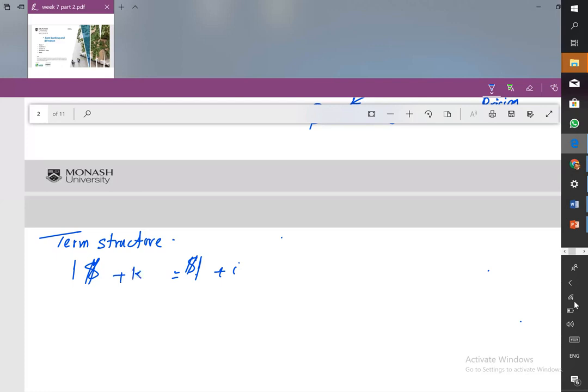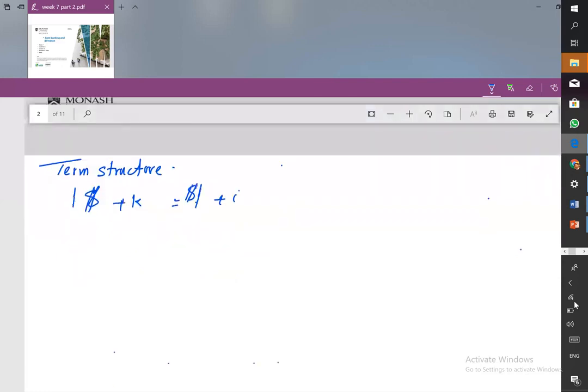The concept here: if there is no credit risk, if the corporate is AAA, for example, then my dollar plus the principal should be 1 plus I. So this would be an equality and no problem. But most of the time this is not true, because this is the fact of life: when we invest in corporate rates, there is always defaulting when there is credit risk.